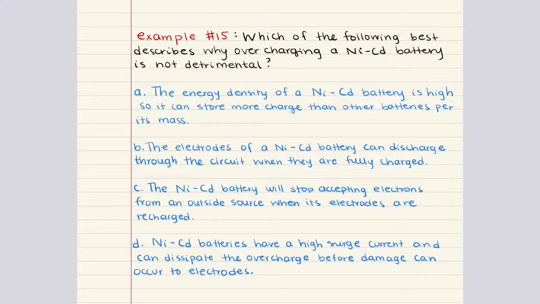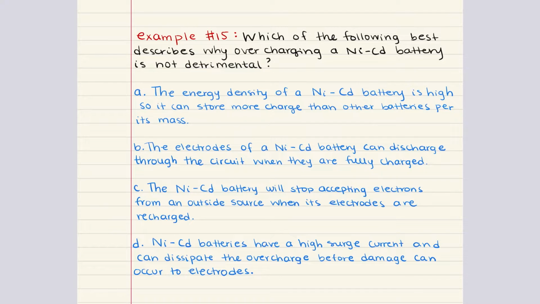Problem 15 asks, which of the following best describes why overcharging a nickel-cadmium battery is not detrimental? A says the energy density of a nickel-cadmium battery is high, so it can store more charge than other batteries per its mass. B says the electrodes of a nickel-cadmium battery can discharge through the circuit when they are fully charged.